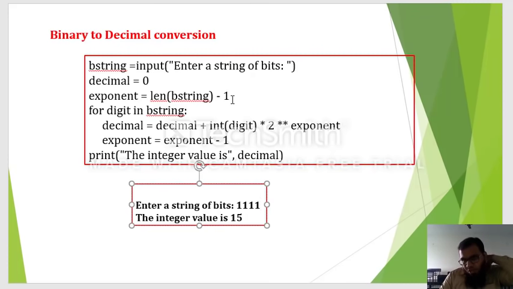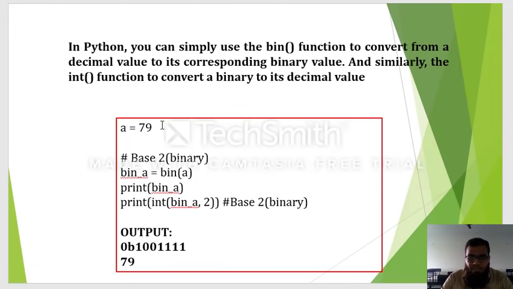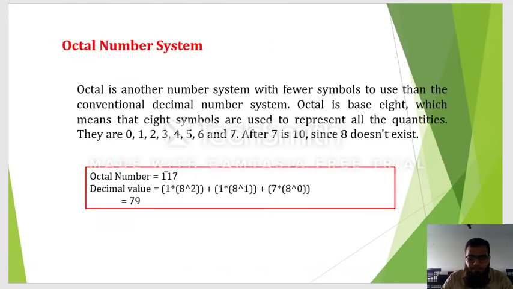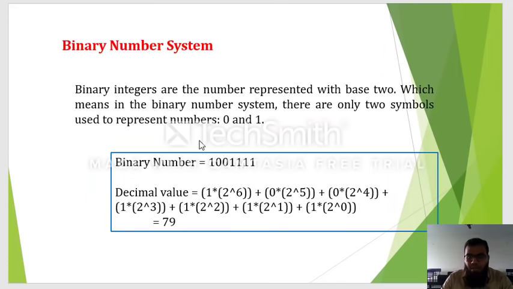Okay, so we can do it in both ways. When I'm representing this, I can go either from right to left or from left to right. See, how many total places are there? Starting from the right hand side: 2 power 0, 2 power 1, 2 power 2, 2 cube, 2 power 4, 2 power 5, 2 power 6.